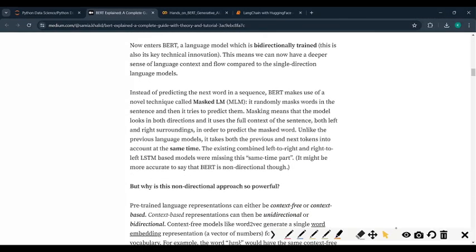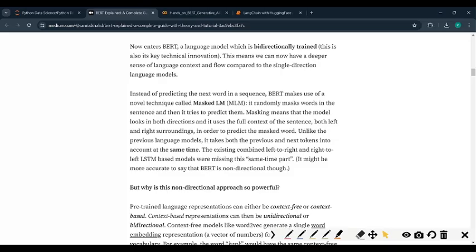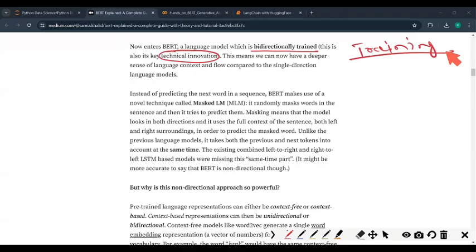Now enters BERT. BERT is a language model which is bidirectionally trained. This is its technical innovation. Whenever you give it training data, when it is learning how a sentence is formed from documents, PDFs from the internet and multiple articles, it is not looking at a particular statement or paragraph from one direction, like after this word comes that word.